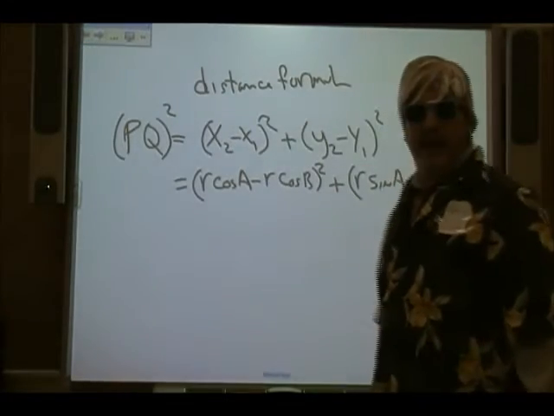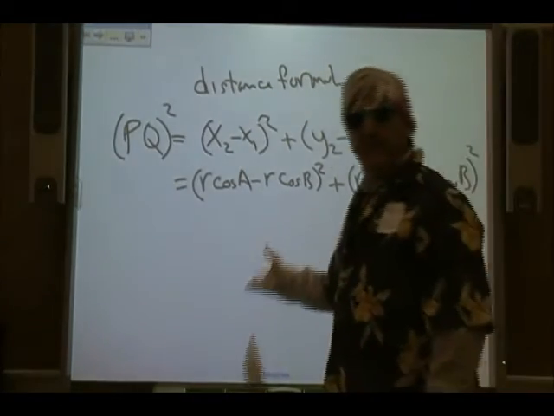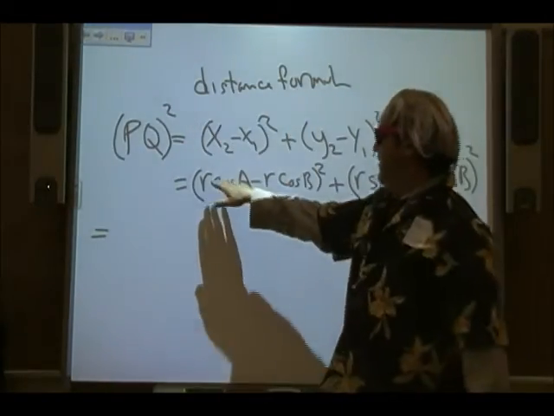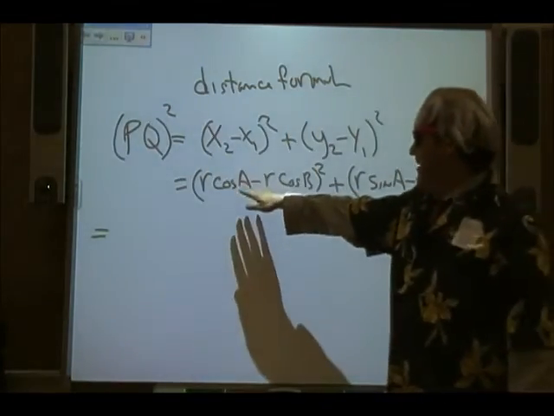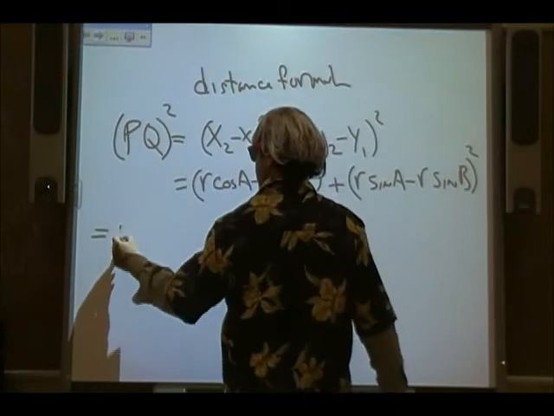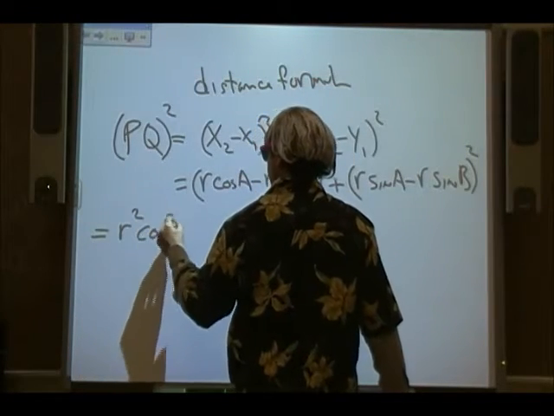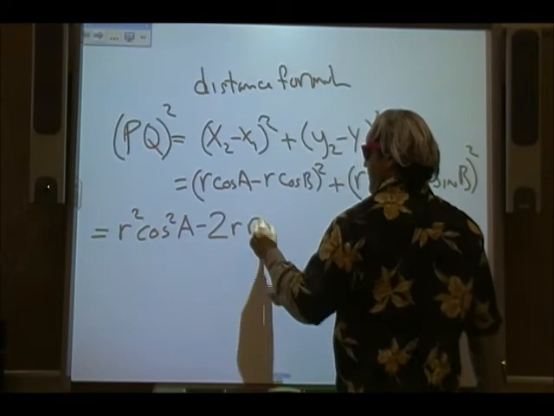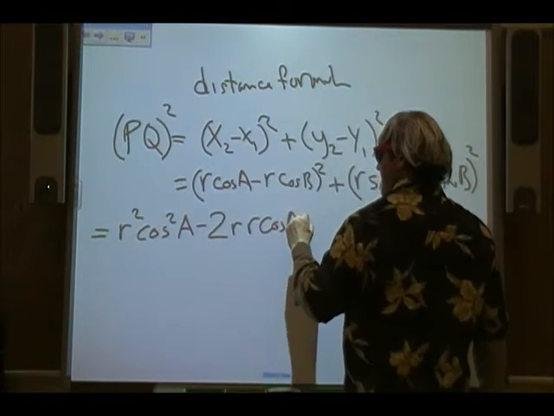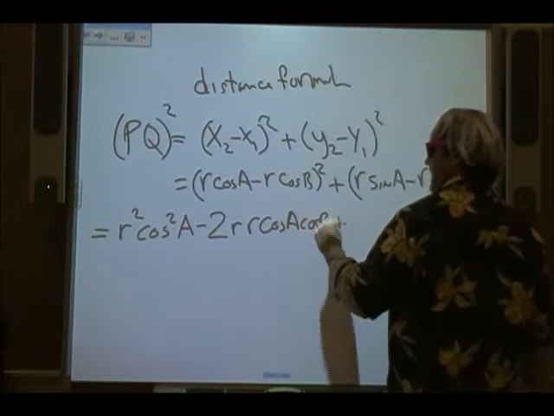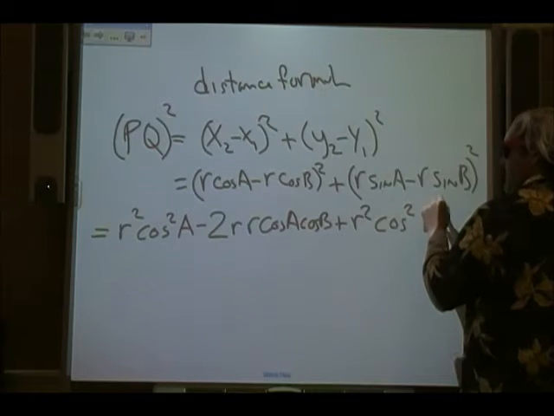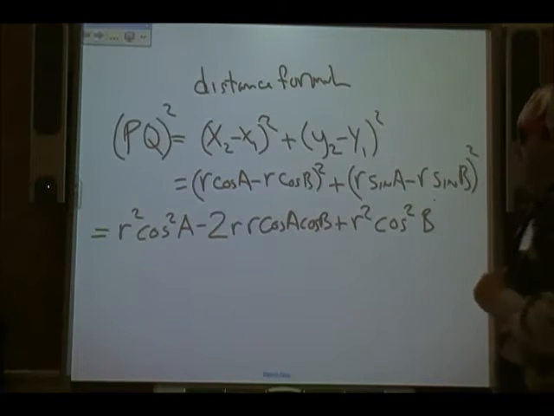Now you're going to expand this out. You have to know how to do that. Bring things to the picnic. This becomes r squared cosine squared A minus 2r squared cosine A cosine B plus r squared cosine squared B. That's a lot right there.